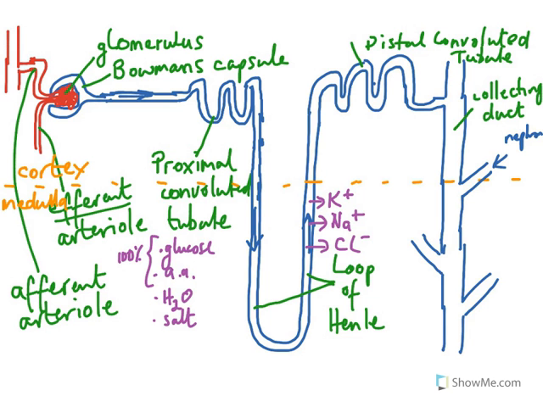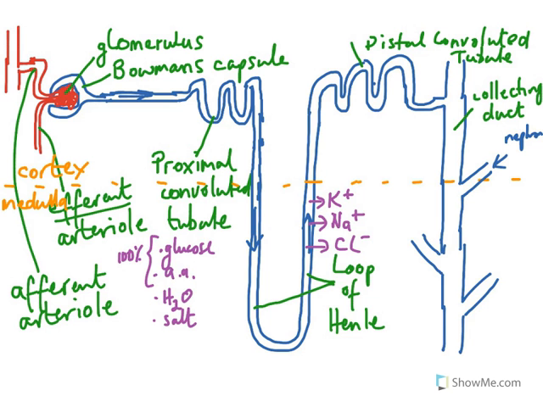This hormone ADH signals the walls of the collecting duct to either become permeable to water, in which case water can be reabsorbed back into the blood, or not. If there's plenty of water in the blood and water doesn't need to be reabsorbed, then a more watery filtrate, or a more watery urine, can be produced.